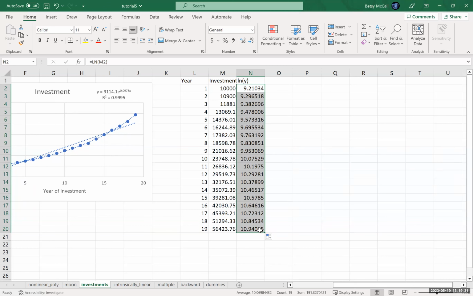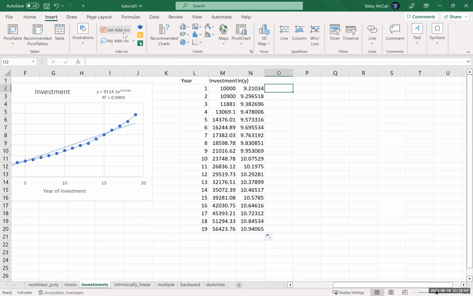The coefficients and everything will come out slightly differently, but the math is basically going to work the same. Change of base just means that there's a constant change. It's not a big deal. It's a scaling factor.